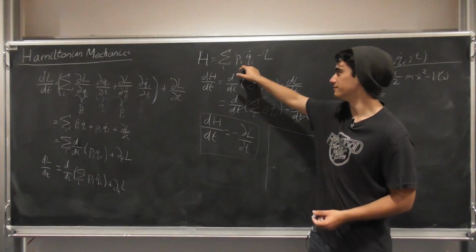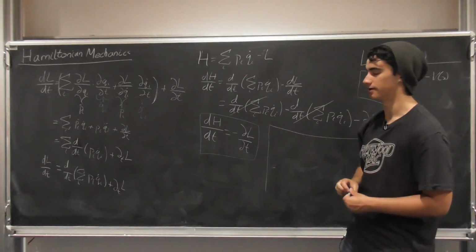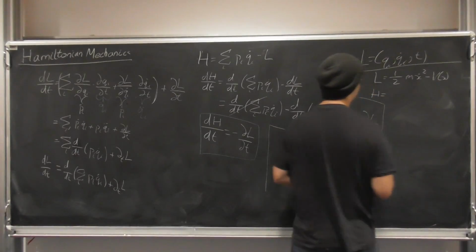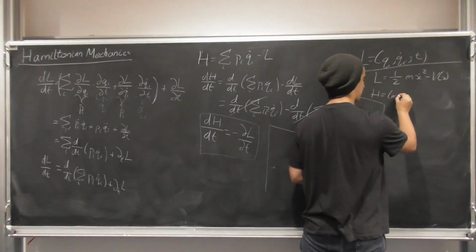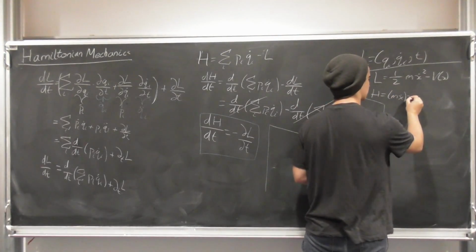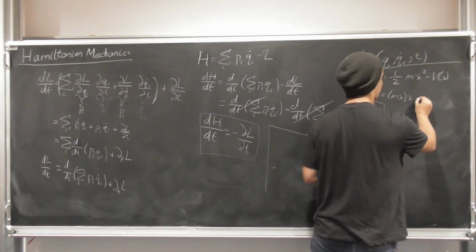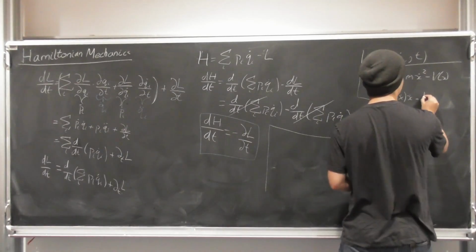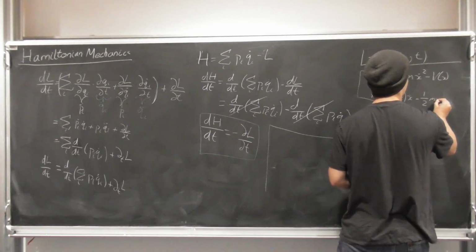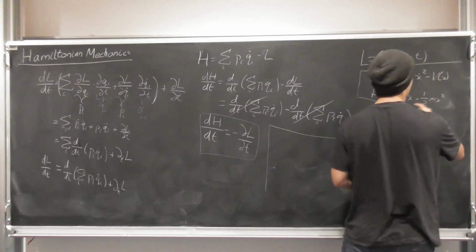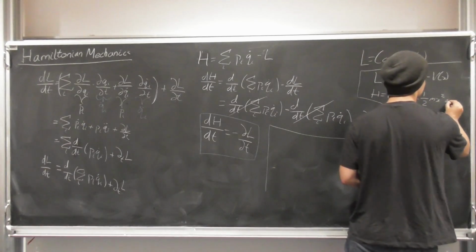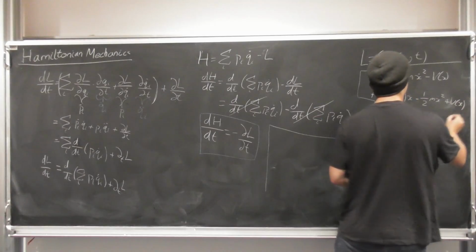So this will mean the momentum in the x direction times the velocity in the x direction. So we'll have m x dot being the momentum, times x dot, minus the Lagrangian, which is a half m x dot squared. The minus will carry through, and we get a plus V of x.